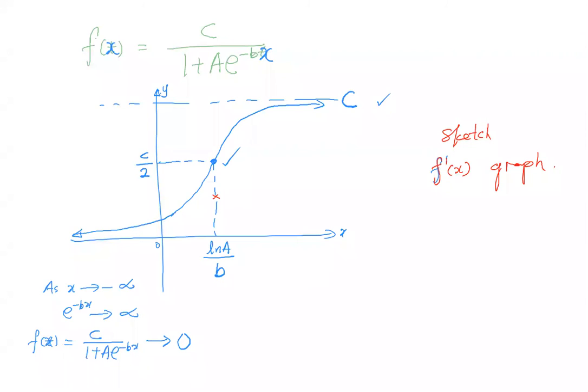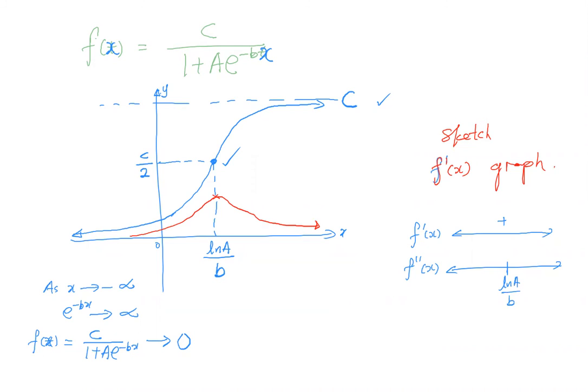So you will go like that, because your f prime x sign diagram will be like that. Your f double prime x sign diagram will have the point here, ln A over B, correct?